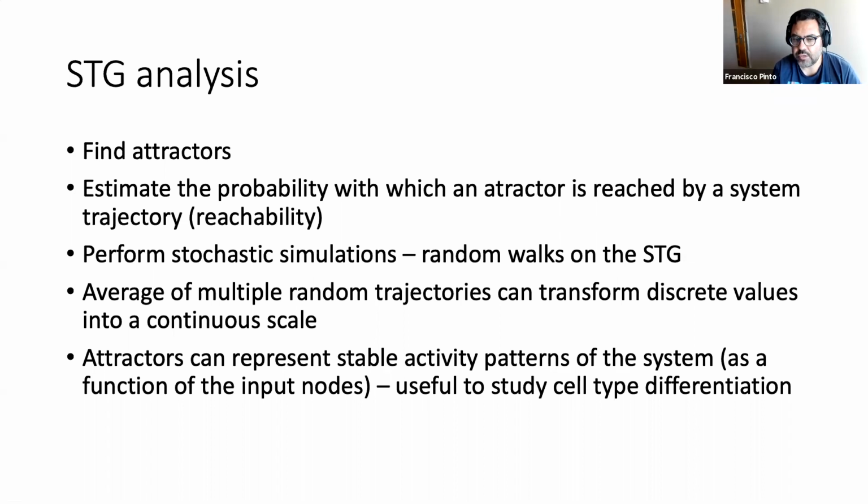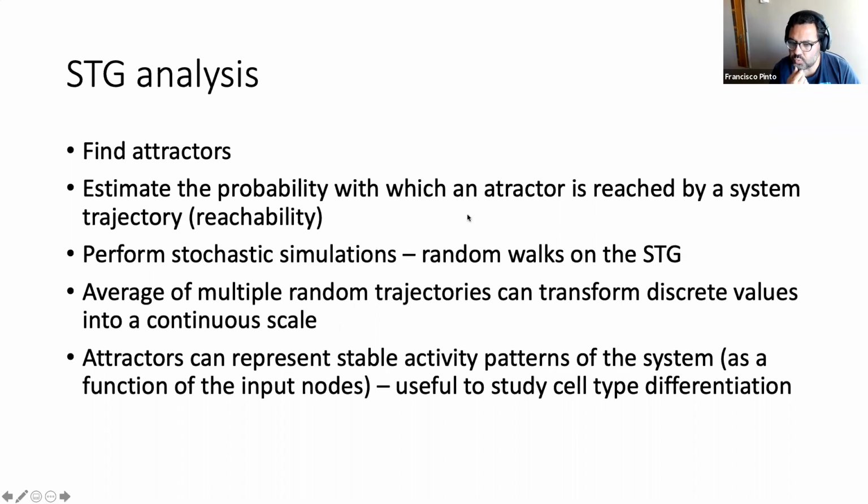Okay, and actually people have done this approach, so performing stochastic simulations in the state transition graph, and then compared the time evolution of the probability of a node being active with continuous data about the activity of the nodes.